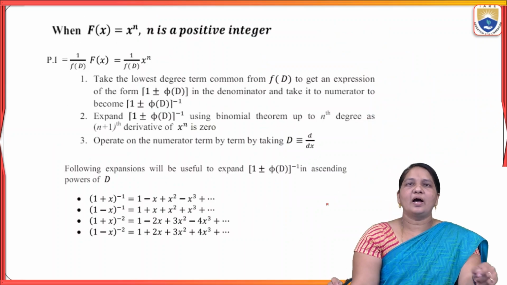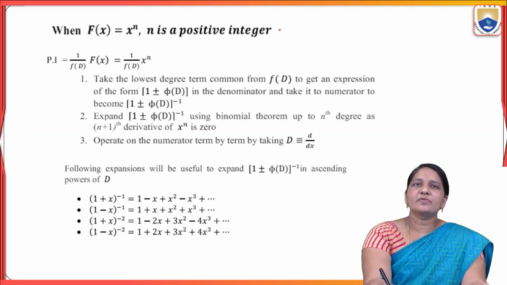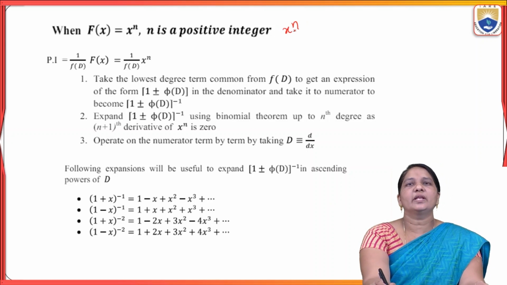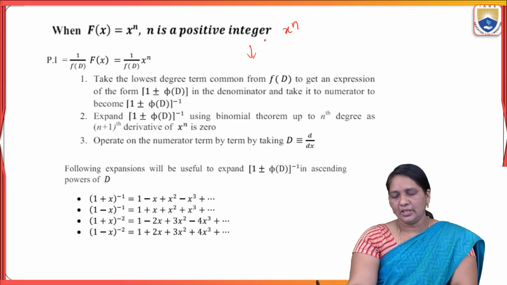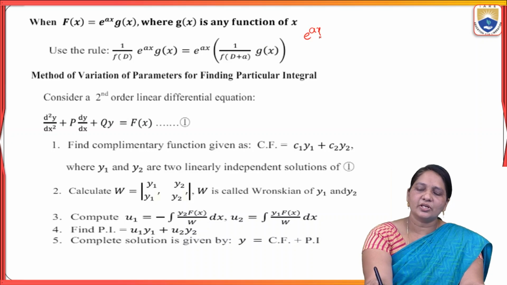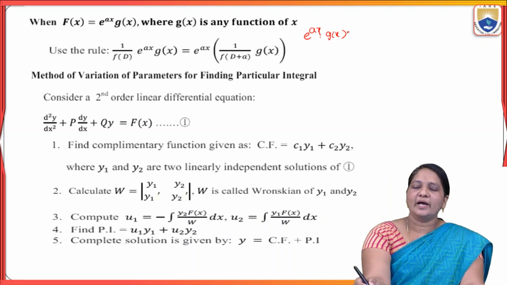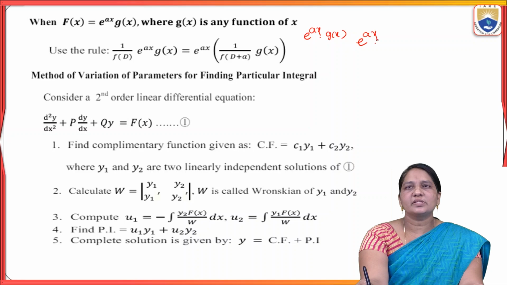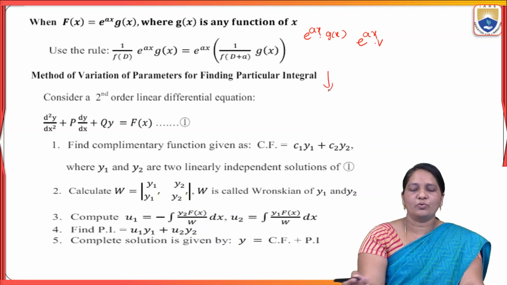If the Q of x value or f of x value is x power n, what procedure are we going to follow here? And if you have e power ax into g of x, otherwise e power ax into V, what formulas are we going to use?